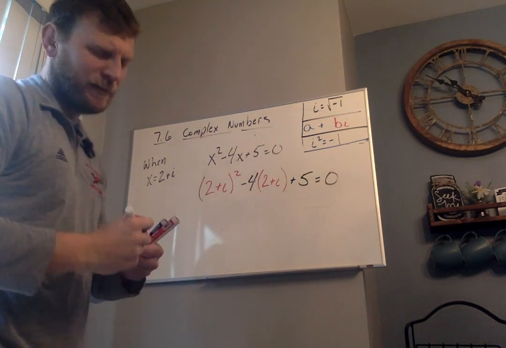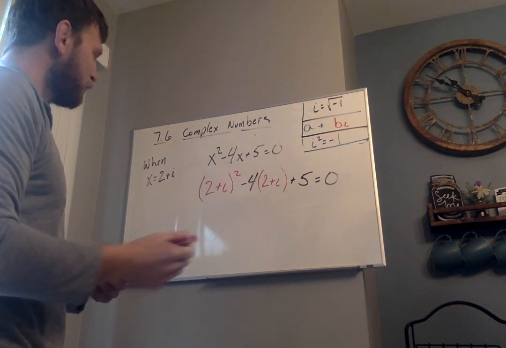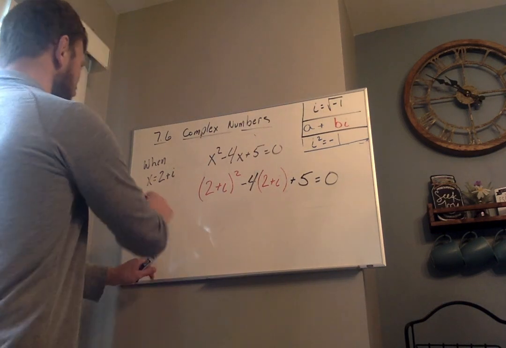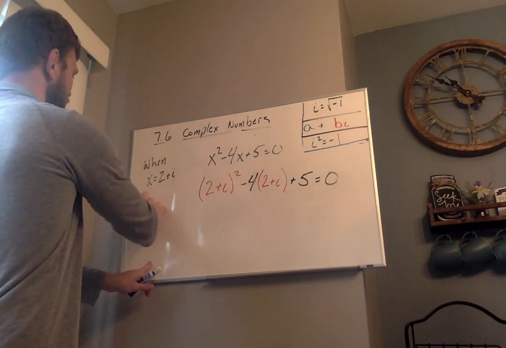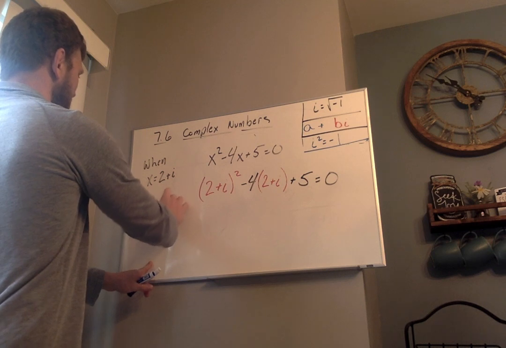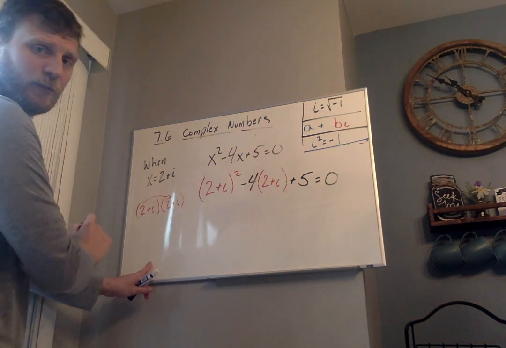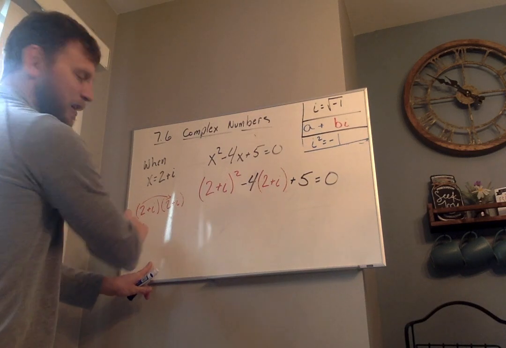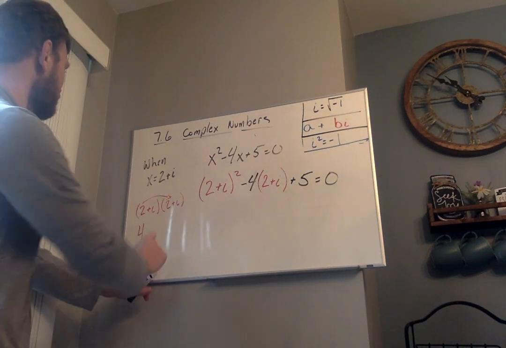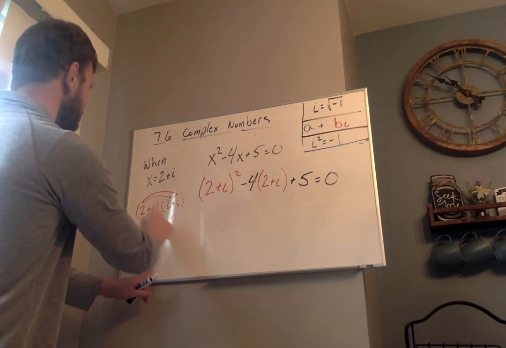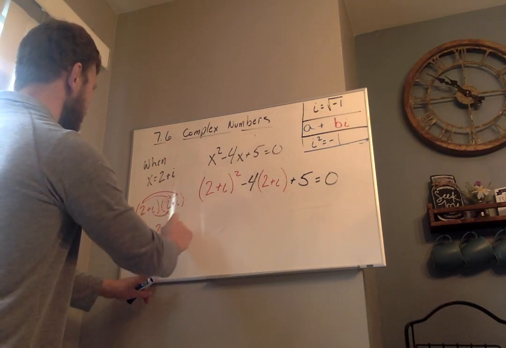So I'm checking to see if this is true. So 2 plus i squared, I'll do that off to the side here. So 2 times 2 is 4. Sorry about the glare there, so I'll try and take it slow. 2 times i is 2i. i times 2 is 2i.